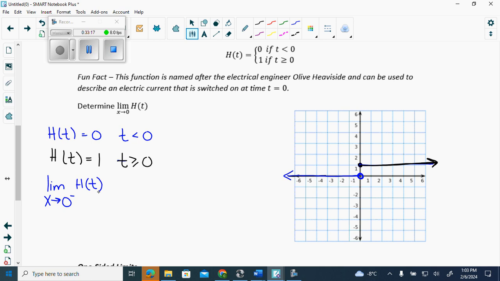As I'm approaching 0 from the left, what's my y? What am I getting closer and closer to? 0. Yeah, there we go. It's getting closer and closer to 0. It actually is 0. Right?